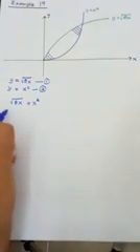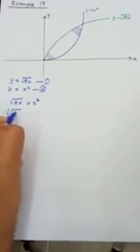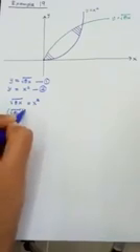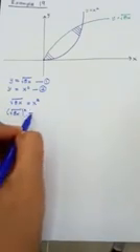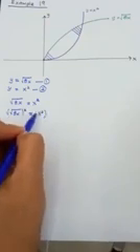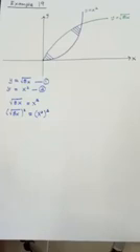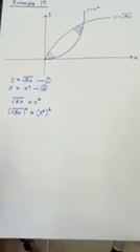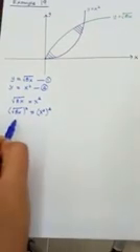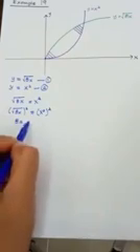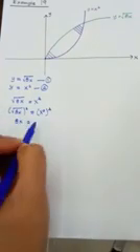We square both sides, so we have square root of 8x squared is equal to x squared squared. Then we have 8x is equal to x to the power of 4.